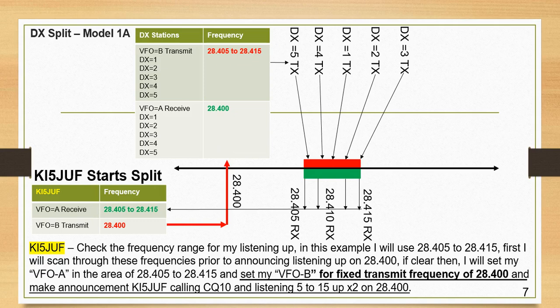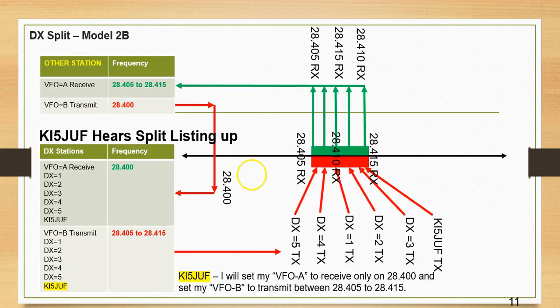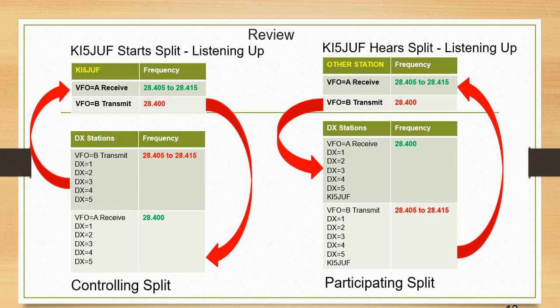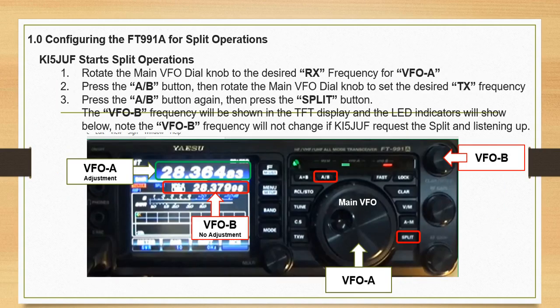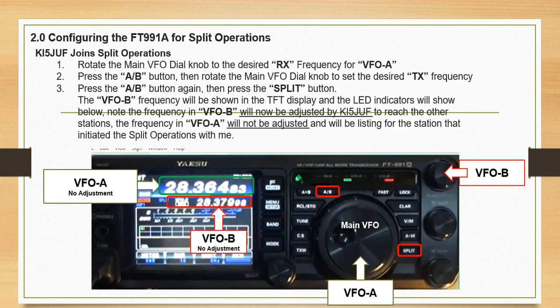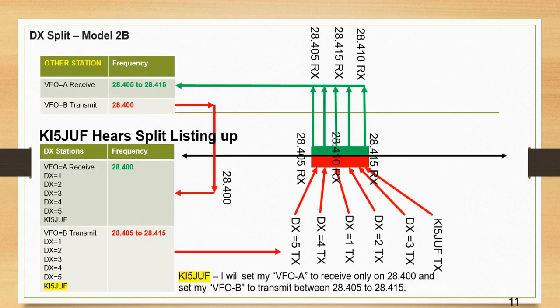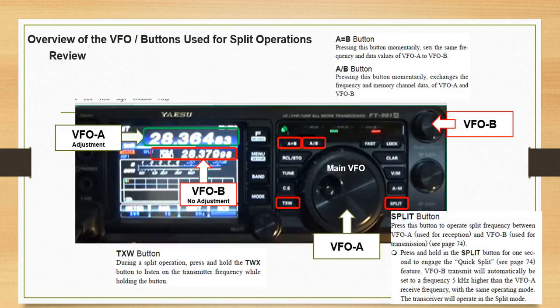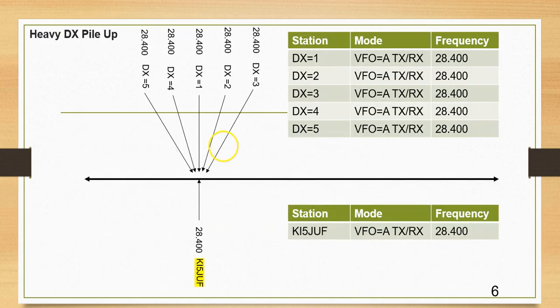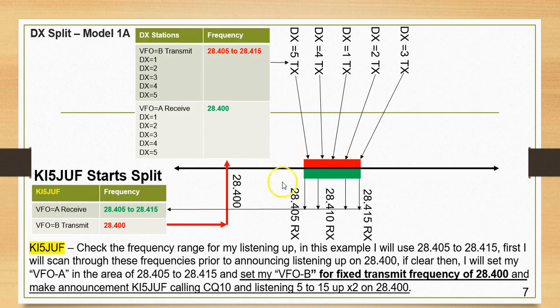So again, we're going to actually go through and do this on the radio itself. And I'll go through and actually make a video of where we do this. So I hope this wasn't too confusing. It's kind of confusing to me, but the general idea is we want to take everything that's piling up here and we want to spread it across.